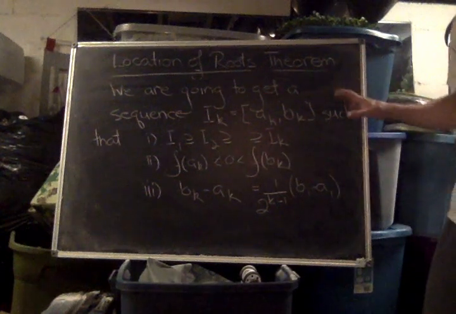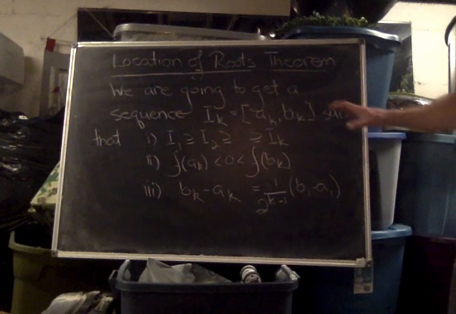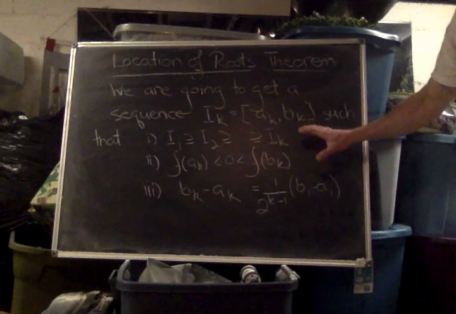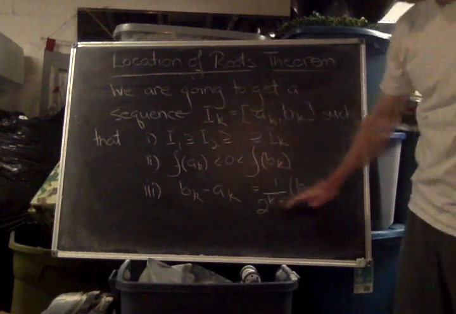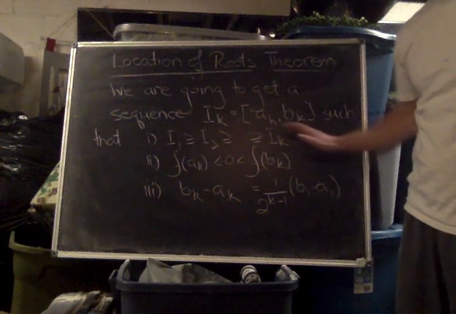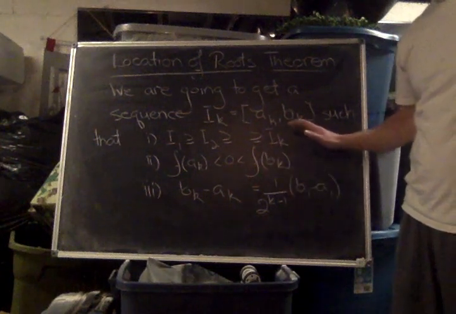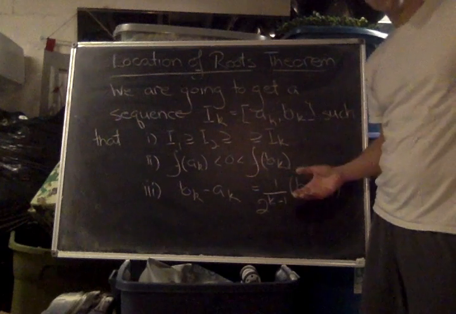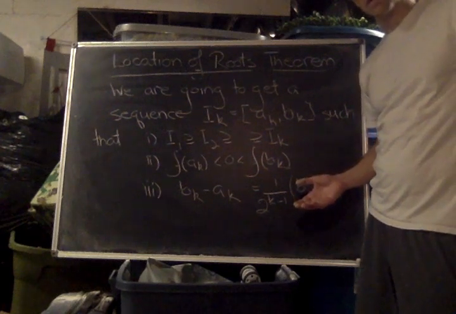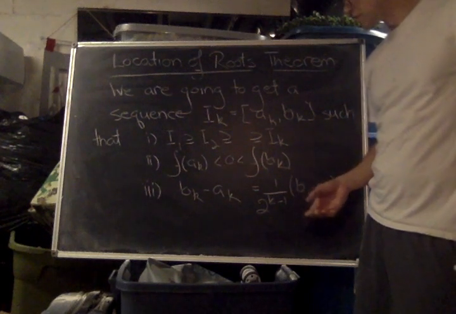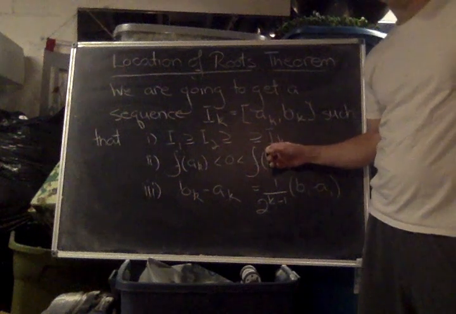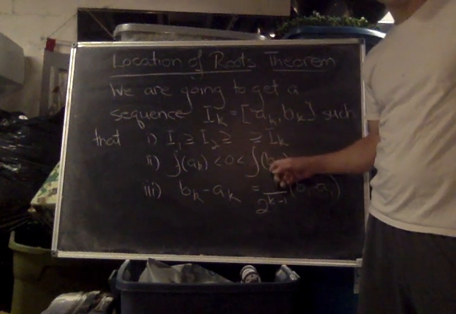And the little wrinkle is that at every stage, if you assume you have I sub 1 through I sub k, and they satisfy all these nice properties, then you're going to try to figure out what I sub k plus 1 should be. So you're going to take I sub k, you're going to chop it in 2.